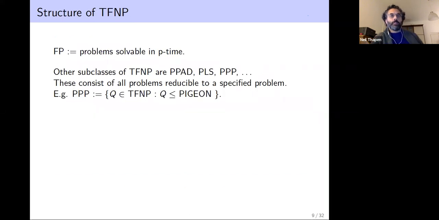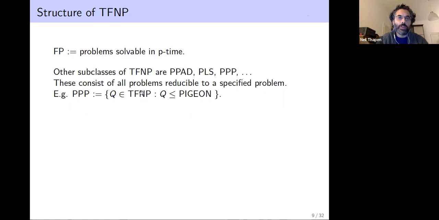So here are some classes. A basic one is the problems solvable in polynomial time. Any polynomial time function can be seen as a TFNP search problem, just to find its output. And there are other well-known classes, PPAD, PLS, and this one for the pigeonhole principle.